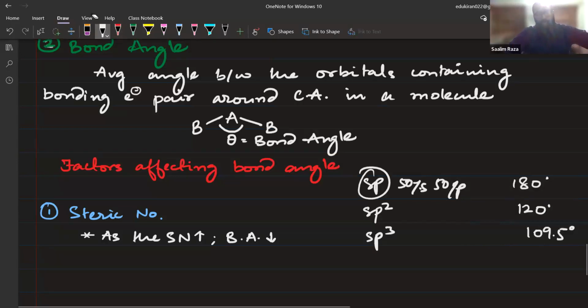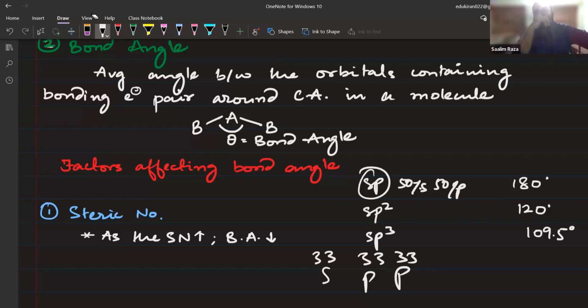When I go to sp2, we have s, p, and p. So what will be the percentage contribution? 33%, 33%, and 33%. The total should be 100. If I have sp2 hybridization, then 1/3 part, 1/3 part, and 1/3 part.